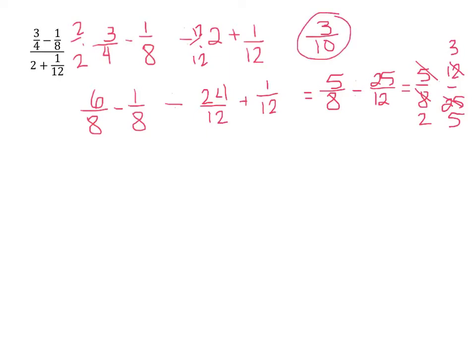The second method is that you actually find the least common multiple of all of the denominators, and then you multiply every single fraction by that value. So if I've got 4, 8, and 12, not 112, just 12.